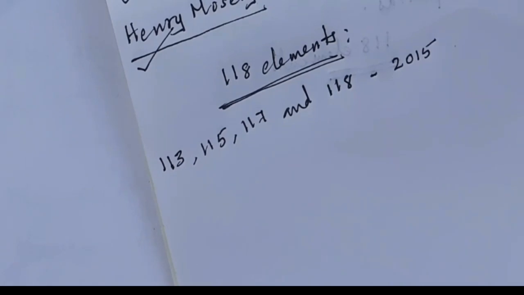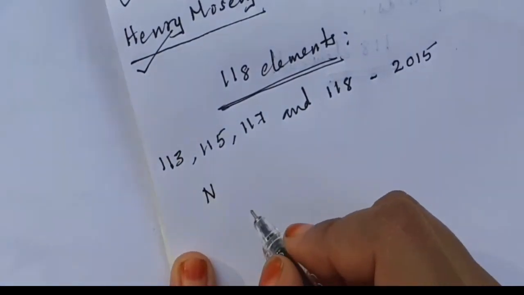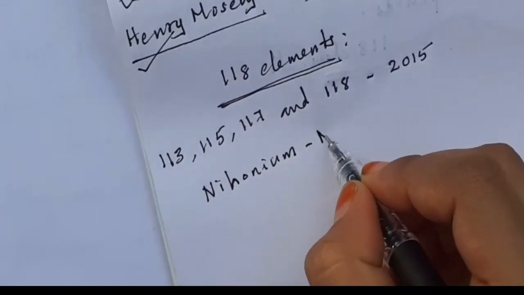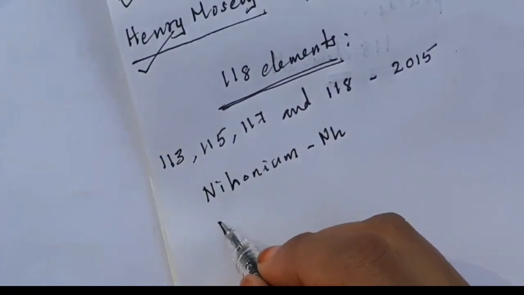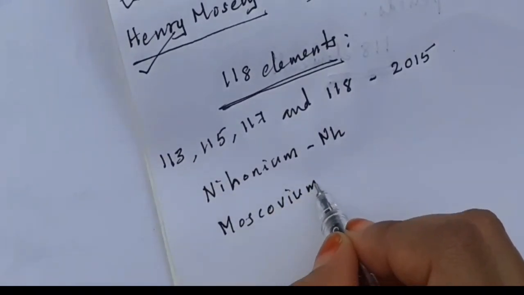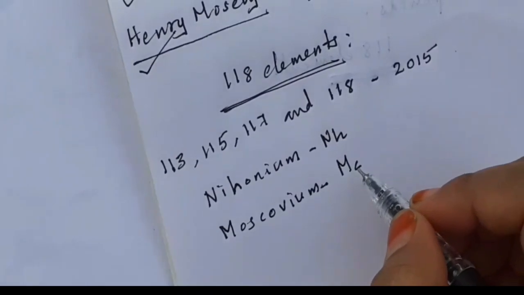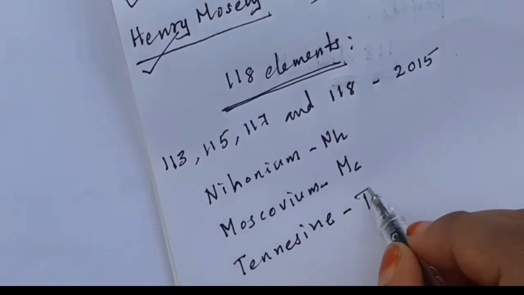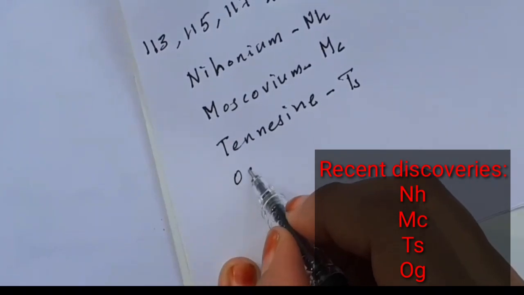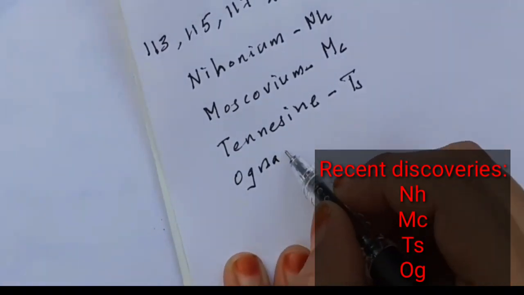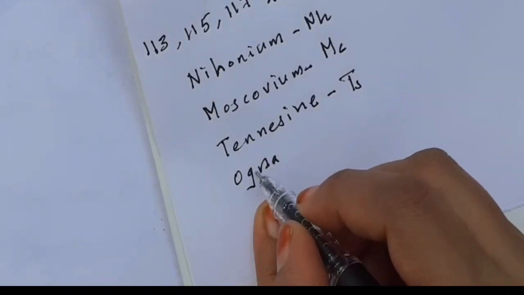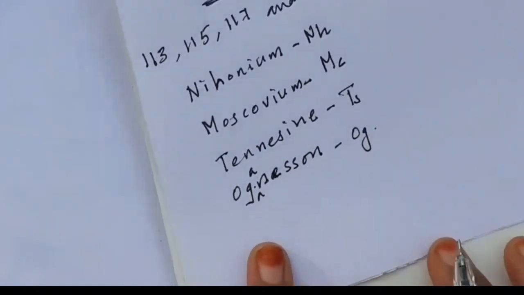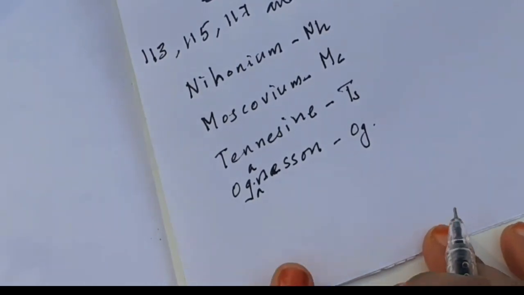And they proposed names: Nihonium, that is Nh, Moscovium, that is Mc, Tennessine, that is Ts, and finally Oganesson, that is Og. These names were made official in 2016.